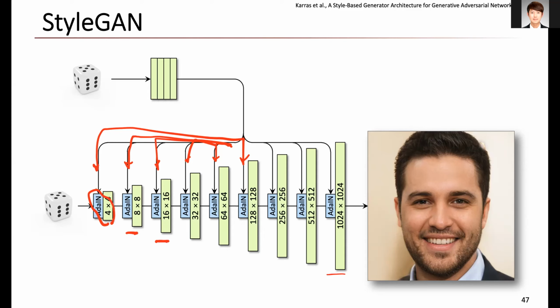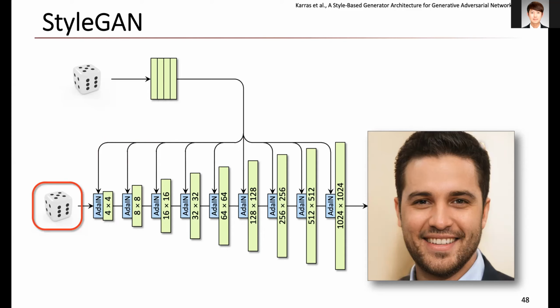It looks like this. And one more thing is that, compared to the previous architecture, we have two kinds of random variables. So it may be really challenging to find the mapping function from Z1 and Z2 to the images, compared to Z1 to the images.